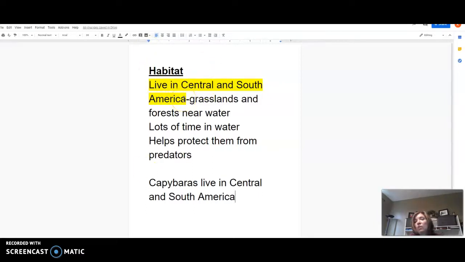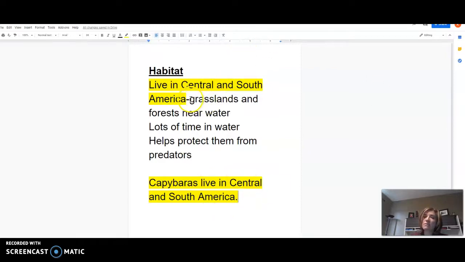So since that is one fact, I am putting that in one complete sentence, and I'm ending it with punctuation. Now, let's go ahead and we're going to highlight this sentence the same color so we can see where everything matches up. Okay? Hopefully now you see that this sounds so much better just by adding this one word. Instead of live in Central and South America, we have now said who or what lives in Central and South America. Capybaras live in Central and South America.